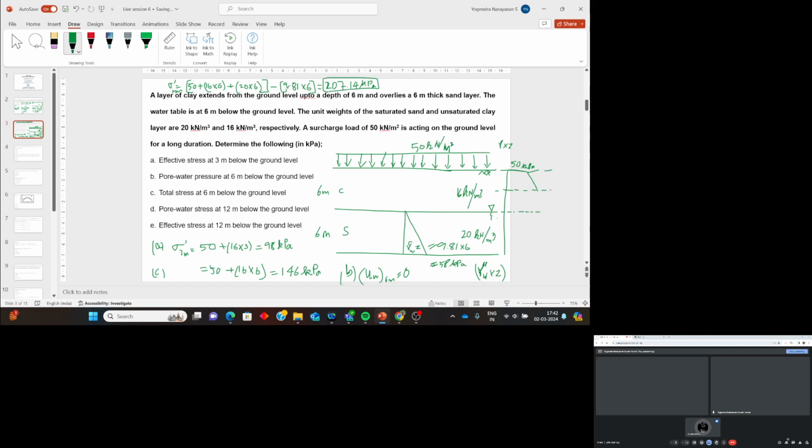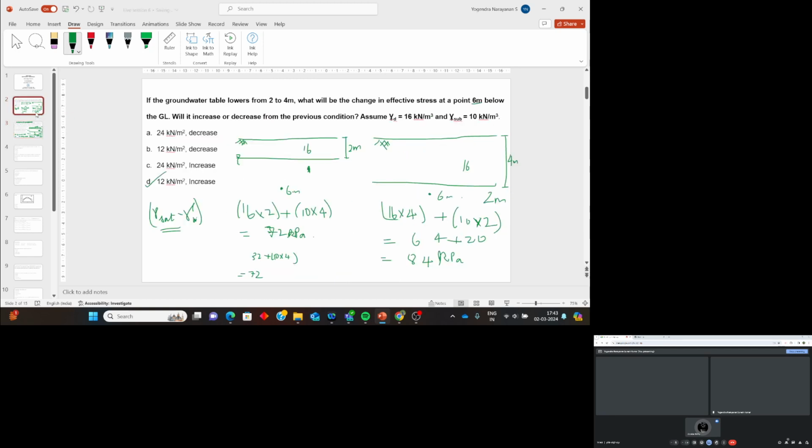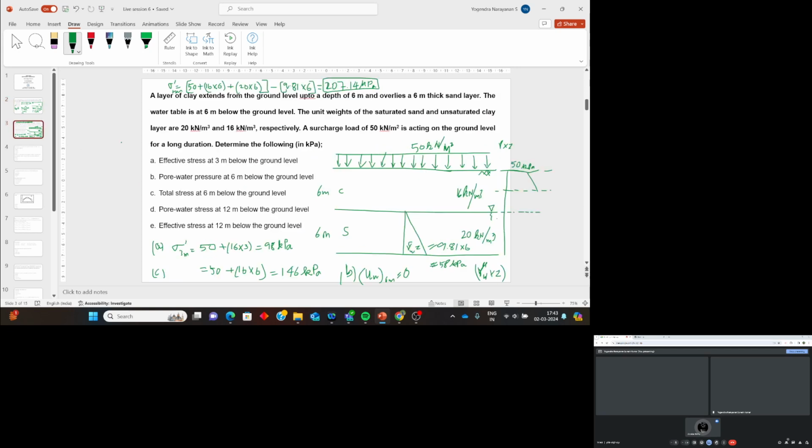Now you are able to understand how surcharge is taken into account. It is added up to the depth of water table. So now you can solve problems with variable groundwater and different surcharge.